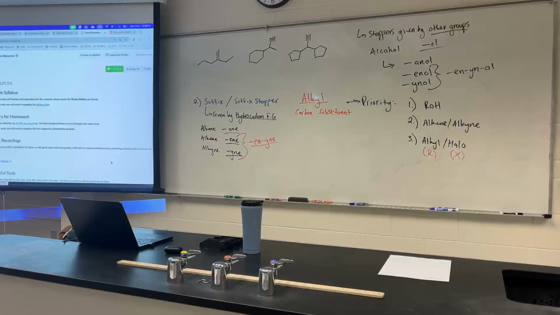Okay, so it would just be this. No, because that doesn't include the highest priority group. It doesn't include the alkene. And the alkene, since there's no alcohol, the alkene takes priority. So my recommendation would be start where the alkene starts and find the longest group that contains it.